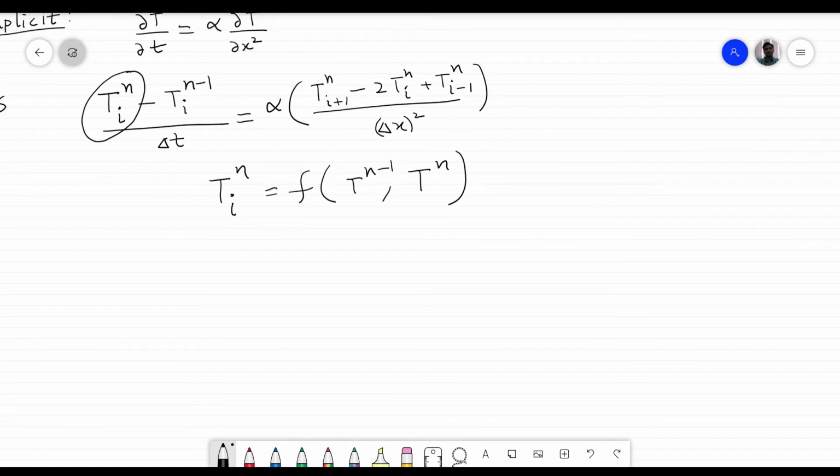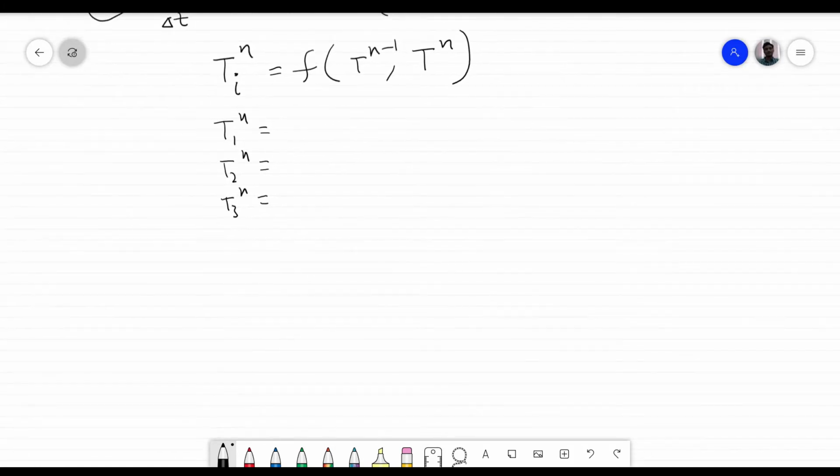We said that we will have to solve all the equations at all i's, T1, T2, T3 at n. We will get all these equations at all the grid points. These are nx equations if we have nx number of grid points.